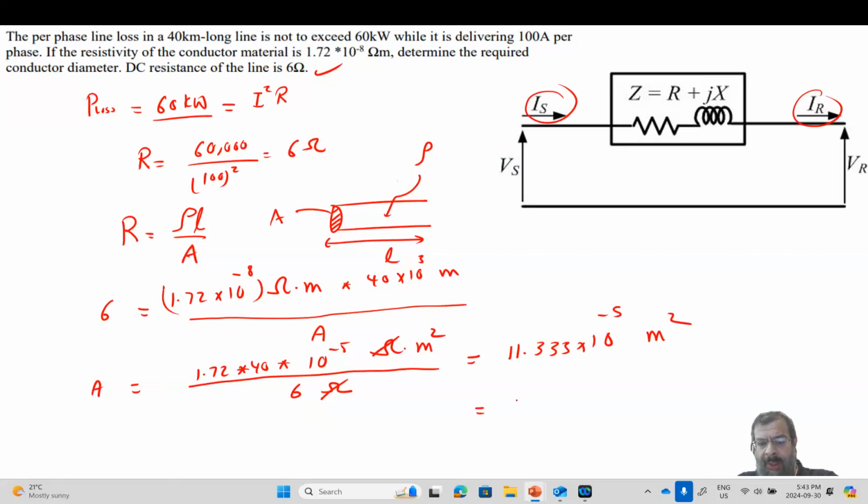So this is equal to 1.333 times 10 to the minus 5 meter square times centimeter square per meter square, and this is 10 to the power 4. So this will give me basically 1.333 centimeter square. So that is your cross-section area.